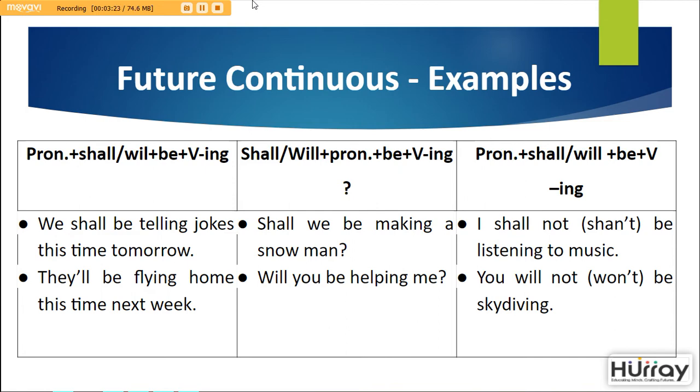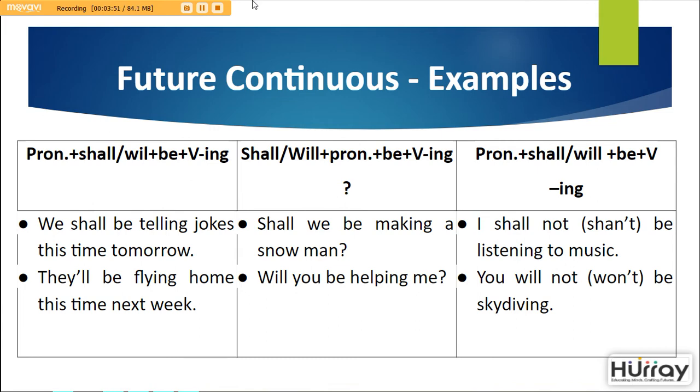The next one is shall or will plus pronoun plus be plus verb ing. This usually denotes a question. So as you can see, shall we be making a snowman, or will you be helping me? The third way in which you can write this is using a pronoun plus shall or will plus not plus be plus verb ing.